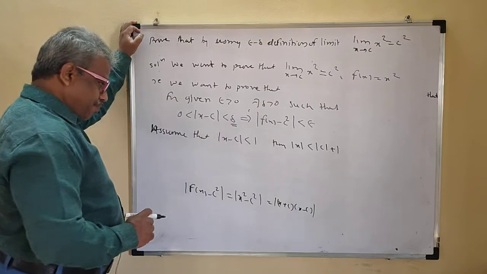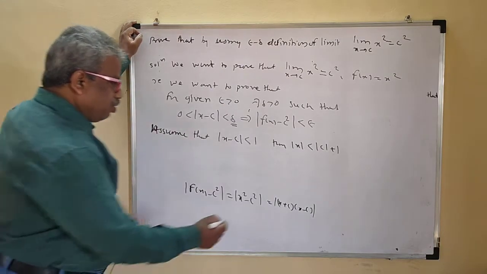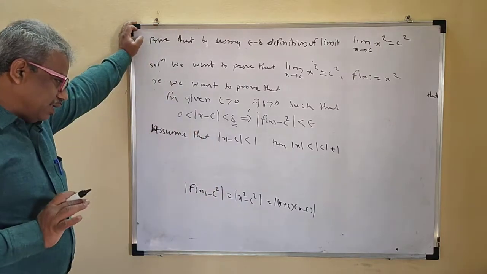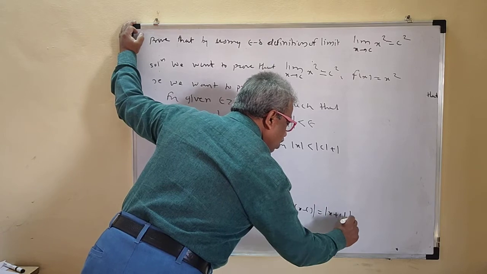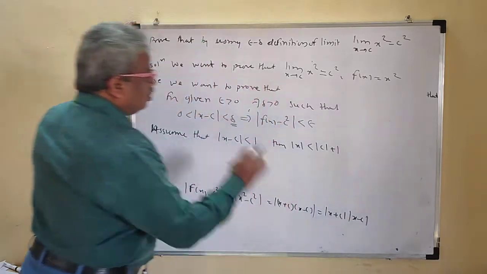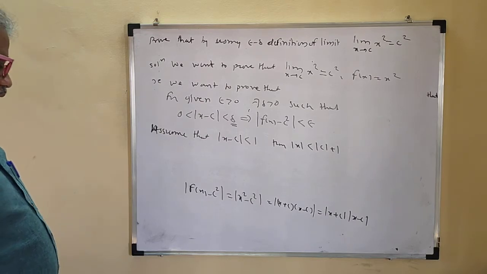So now what we'll do? Here you got x minus c. We'll keep this as it is. What we have is nothing but mod of x plus c times mod of x minus c, and this should be less than epsilon. Before that, let us see mod of x plus c.